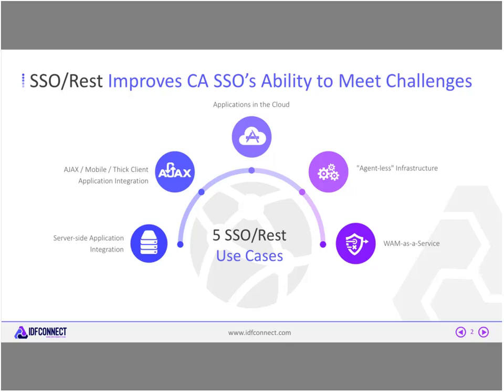But the easiest to consume, and yet one of the biggest challenges that SSO REST solves, is this notion of applications in the cloud. Now, what does applications in the cloud really mean? What that means is that the messaging that's been in the market about putting apps into the cloud has been around the need to federate.